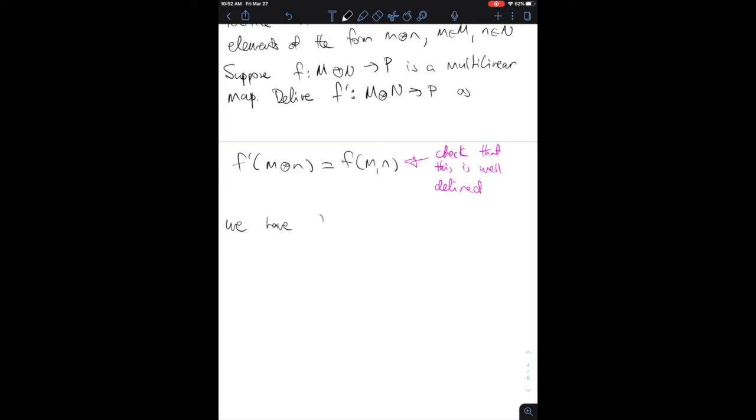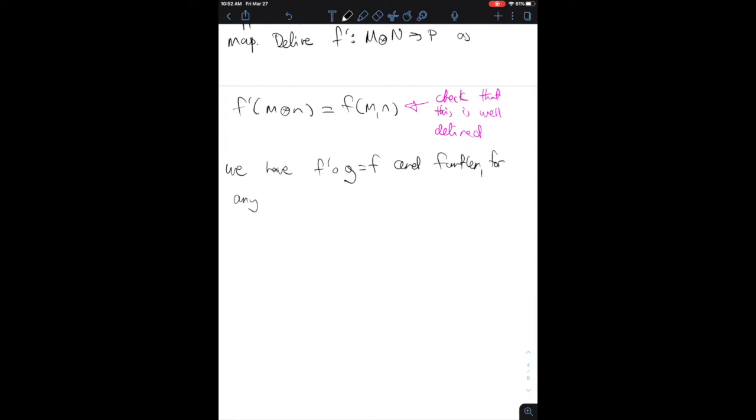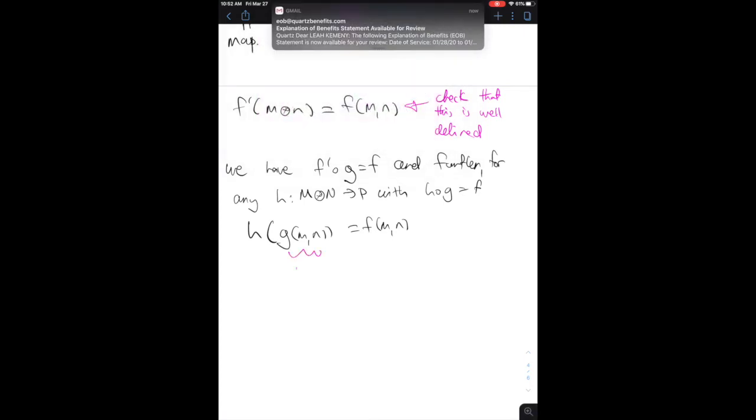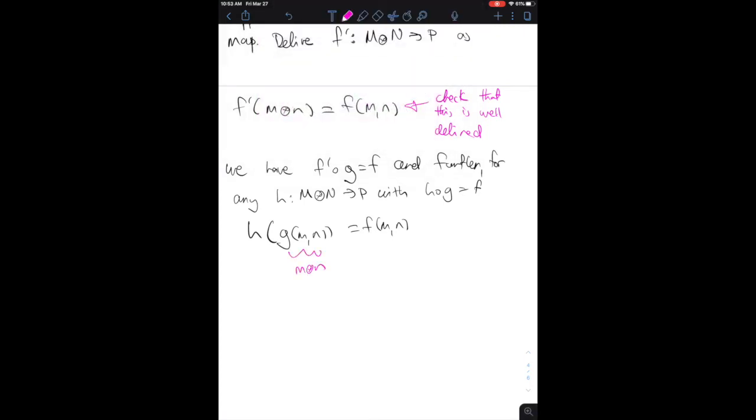Okay, so we have that f prime composed with G equals f, and further, for any h from M tensor N to P with h composed with G equals f, then h of G(m, n) equals f of (m, n), but this thing is m tensor n.